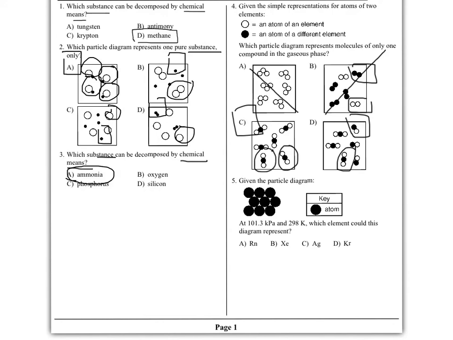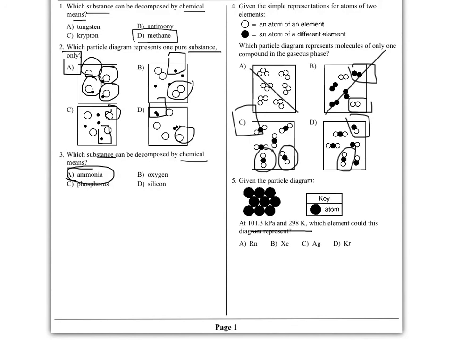Finally, question 5, we see a particle diagram of atoms that are really closely put together, and it asks at 101.3 kilopascals and 298 Kelvin, which of these elements could this diagram represent? So the first thing that makes many students nervous is this information. 101.3 kilopascals on reference table A is considered standard pressure.